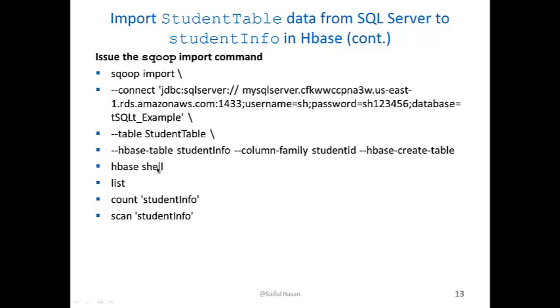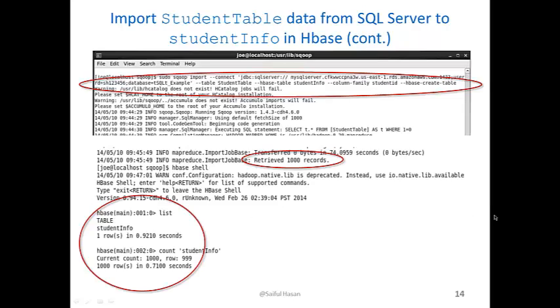And then we get into the HBase shell, we list, we count the records, and we examine some sample data. So here we issued the command, and we see that it has retrieved 1000 records, going through the MapReduce cycles. We go to the HBase shell, and we are at the HBase prompt.